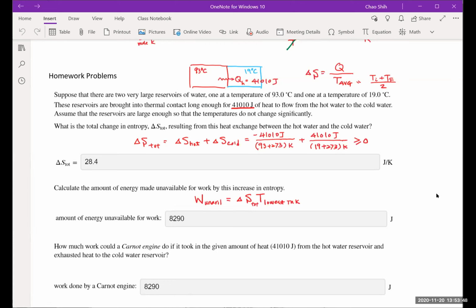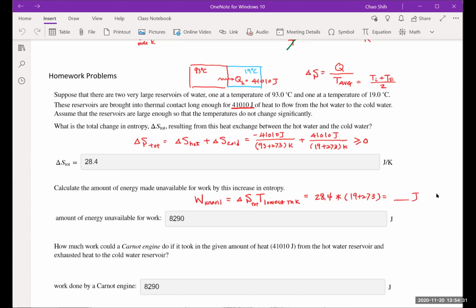This is equal to 28.4, and you multiply with the lowest temperature, which is 19 degrees Celsius, so 19 plus 273. That will give you the number in joules, equal to 8290. Okay, all right.